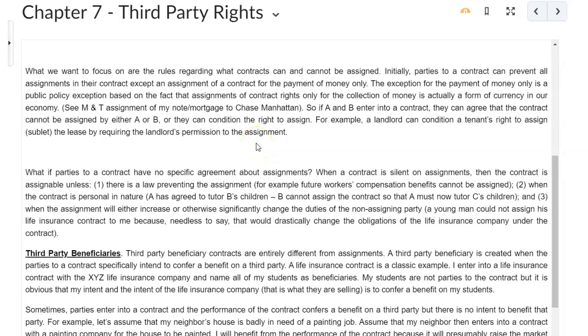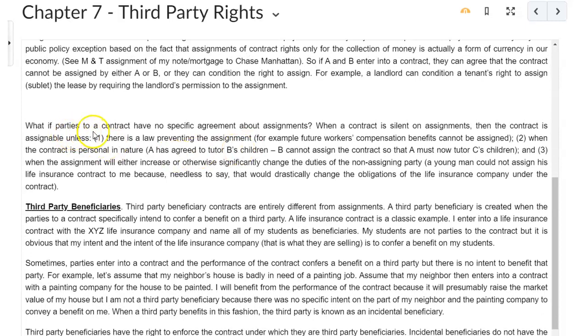That would give the landlord an opportunity to scrutinize the potential incoming tenant. And if the landlord felt that the tenant didn't have the financial resources to meet the rental payment, or perhaps had difficulties furnishing references, the landlord could refuse to give permission to the assignment.